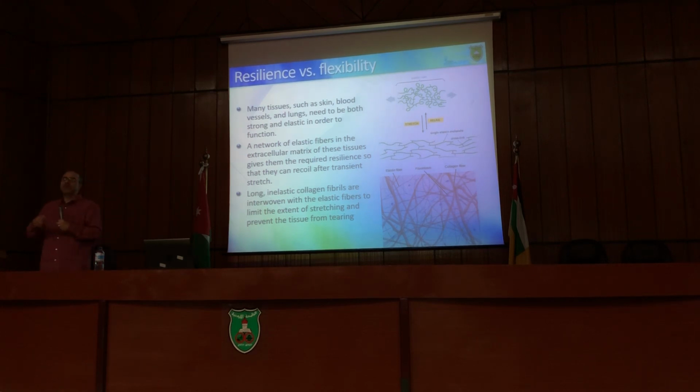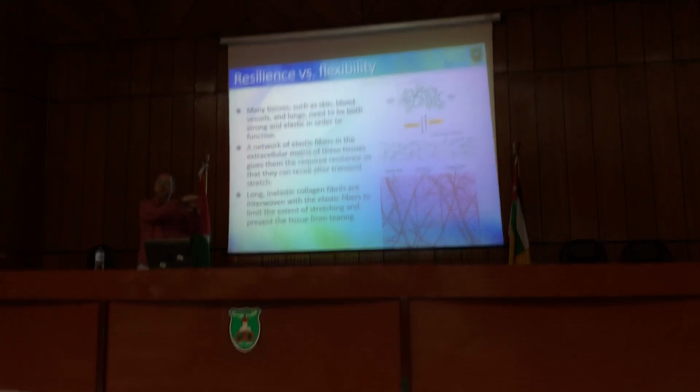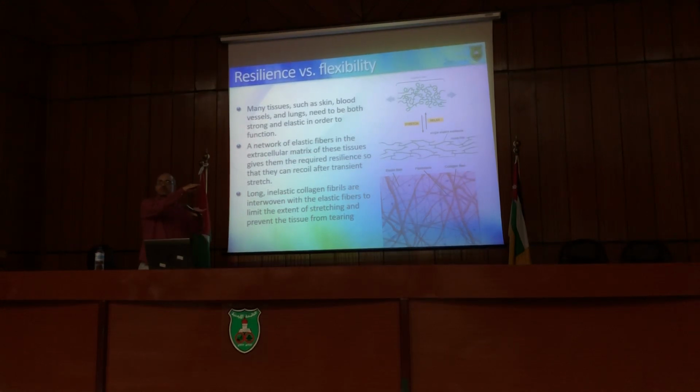So in tissues like cheeks, for example, or blood vessels, another example, you have a combination of collagen as well as elastin. Collagen provides stability, rigidity of the tissue, and elastin provides flexibility. That's why you see blood vessels, when blood is pumped into them, they stretch because of elastin, but they never rupture because of collagen.